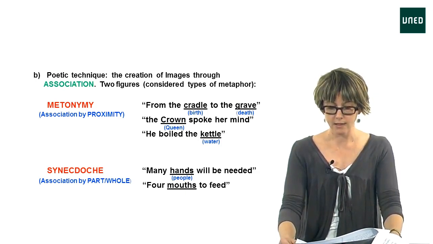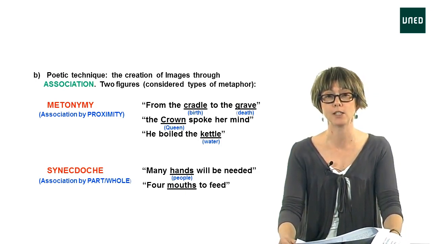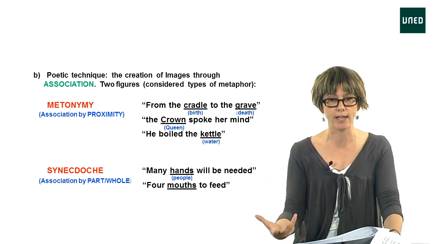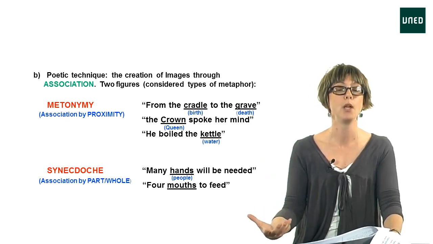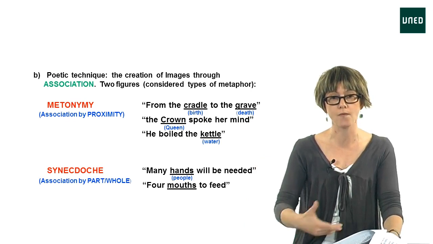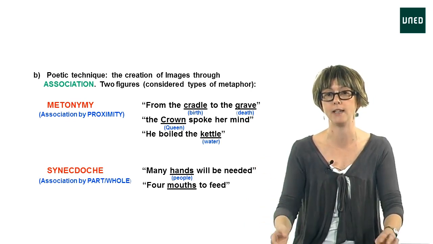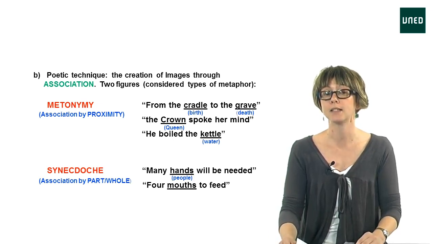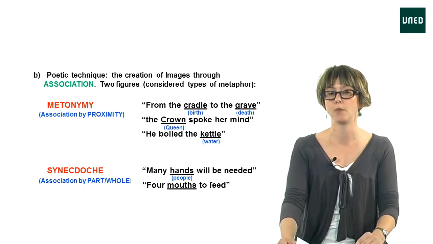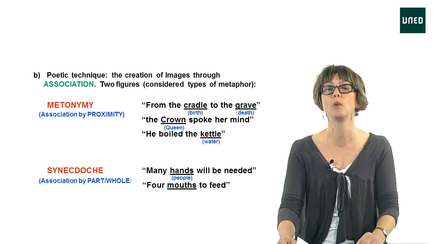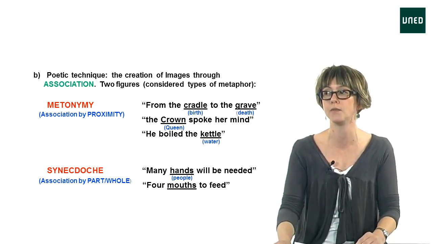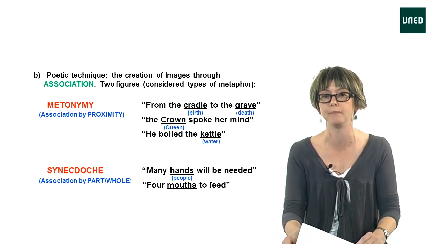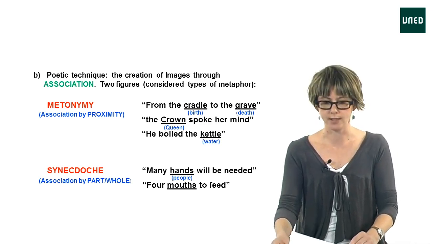In this case, hands represents people, and mouths represents people by being a part of the whole of the body that the hands and mouth belong to, okay? We will find many synecdoches in the form of parts of the body for this reason.